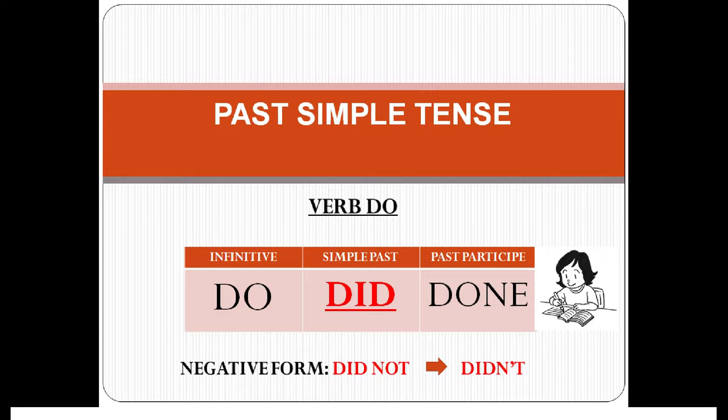Did is the past simple form of the verb do. And that is why we use it to build question sentences or interrogative form. Also, negation is built by adding word not, and now we have did not, or shorter, didn't. A shorter form is used more often because it is easier.